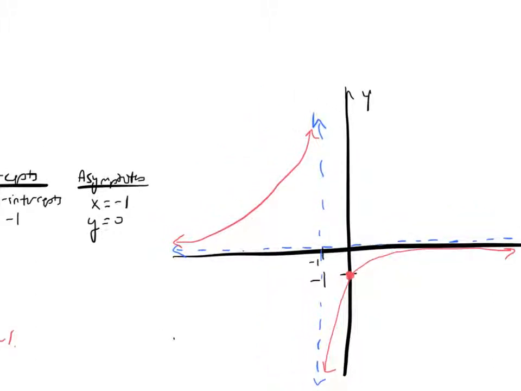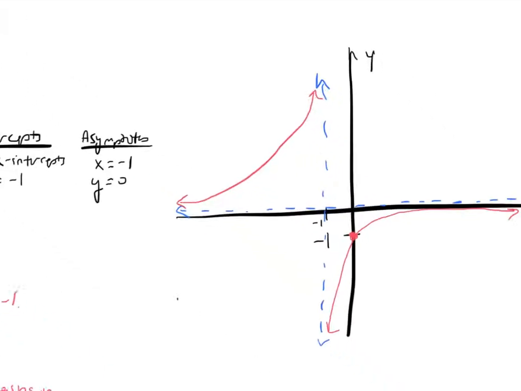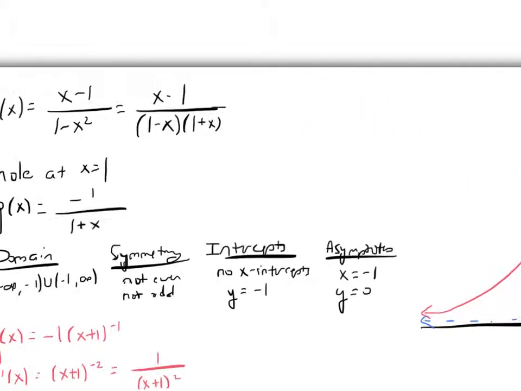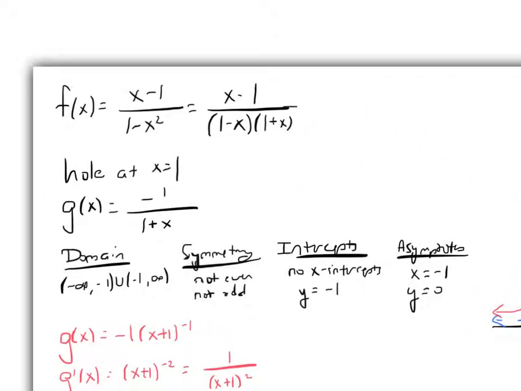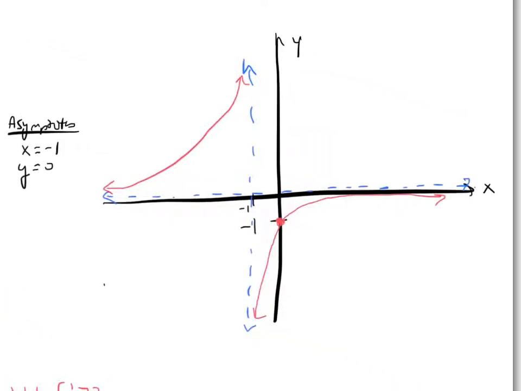But don't forget that we're graphing f of x. This is the graph of g of x. To graph f of x, we need a hole at x equals 1. So we'll come back here. We'll say that if this is 1, then on our graph, there should be a hole right there, and then this is the graph of f of x.